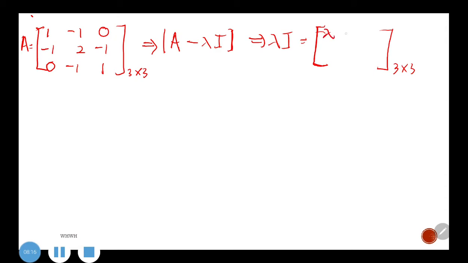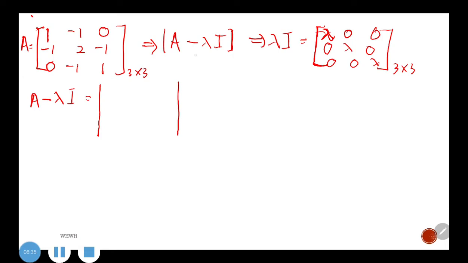So here we have lambda, 0, 0, 0, lambda, 0, 0, 0, lambda, right? Okay, there you go. So the determinant of A minus lambda I will be 1 minus lambda.